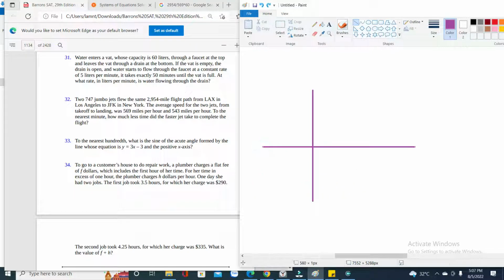This line is going to go through 0, minus 3, so 1, 2, and 3.